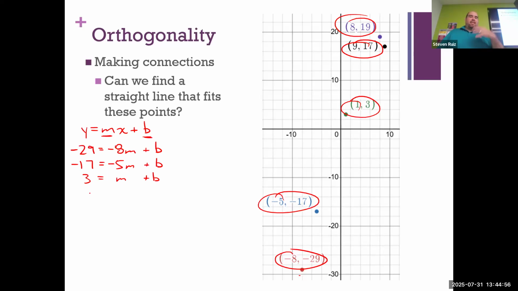So here's the game now. Instead of looking for x and y, I am telling you a bunch of things that x and y are equal to, and I want the m and b that give me the best shot at approximating. 17 equals 9m plus b, and 19 equals 8m plus b.